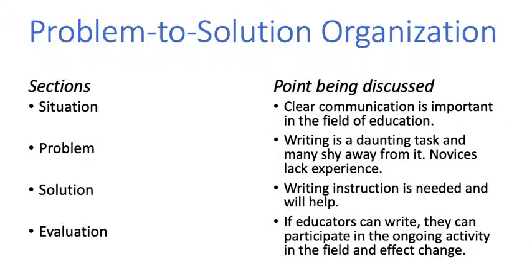Again, concrete data analysis would need to be used here. In the evaluation part of the paper, perhaps there is data on the relationship between writing and publishing and career advancement and significant policy achievement. This is just a simplistic example of a problem-to-solution organizing principle.